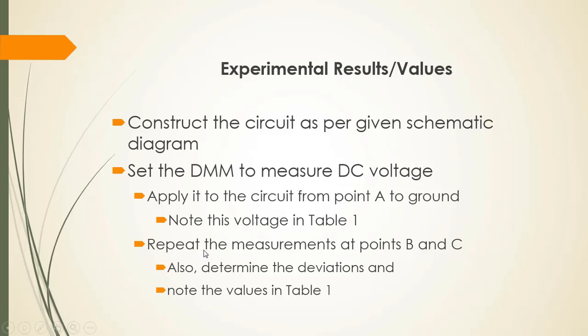Similarly, we will repeat the same process for measuring the voltages at point B and point C. We will put these values in table number 1. After that, we will also determine the deviation. Deviation means the difference between the theoretical and the experimental values.